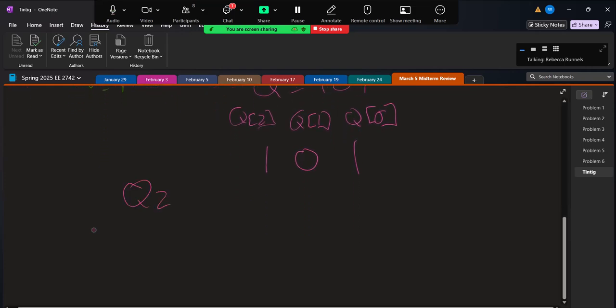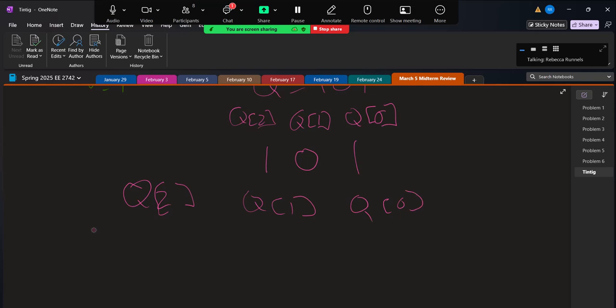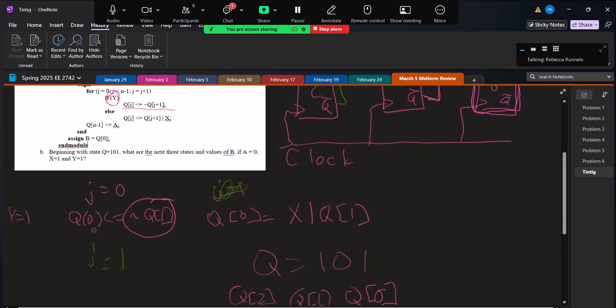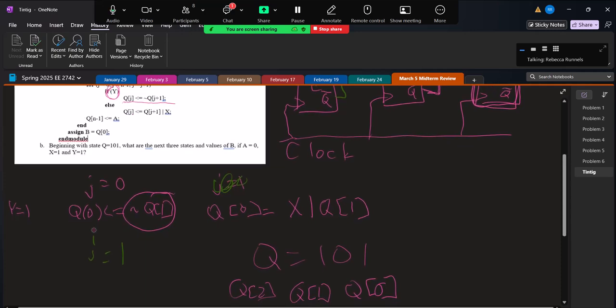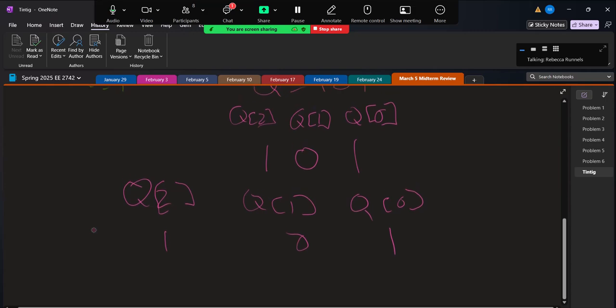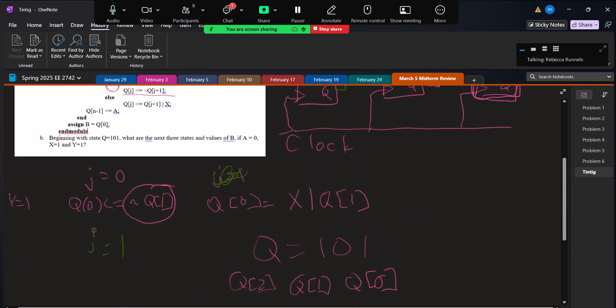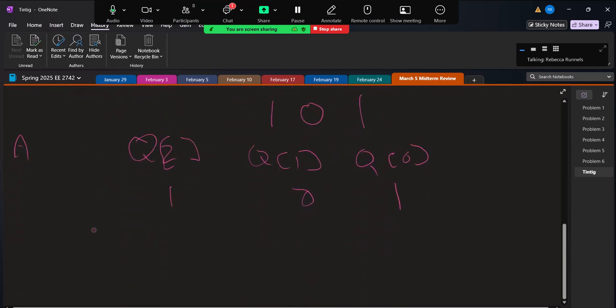We have Q2, Q1, Q0. Our starting values are 1, 0, 1. And for simplicity, we're saying A, X, and Y just happen to not be changing. A each time is going to be 0, and X and Y are going to be 1.